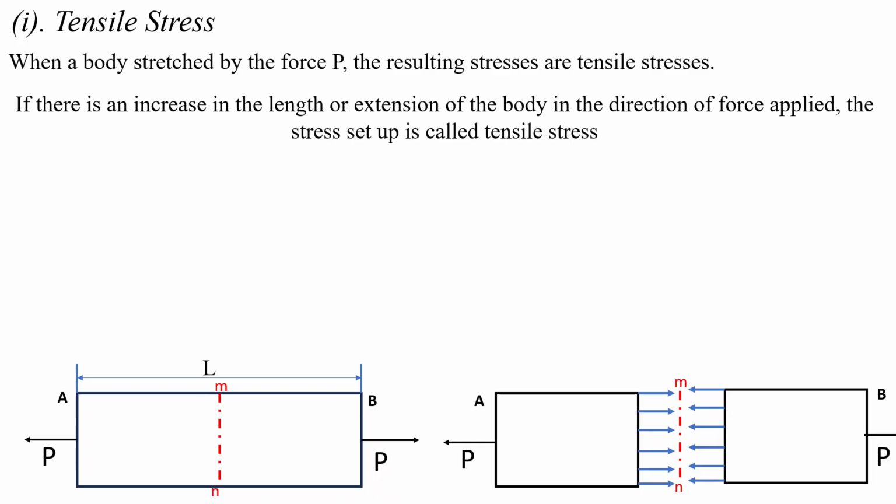When a body is stretched by the force capital P, the resulting stresses are tensile stresses, which means if there is an increase in length or extension of the body in the direction of the force applied, the stress set up is called the tensile stress. Let's see the diagram.